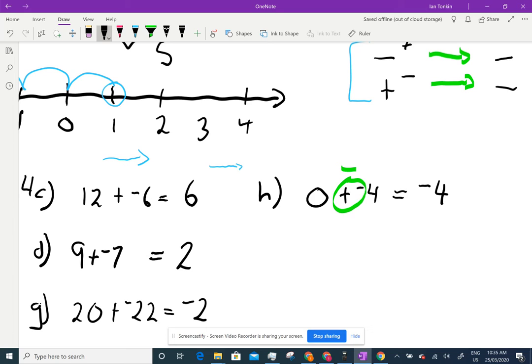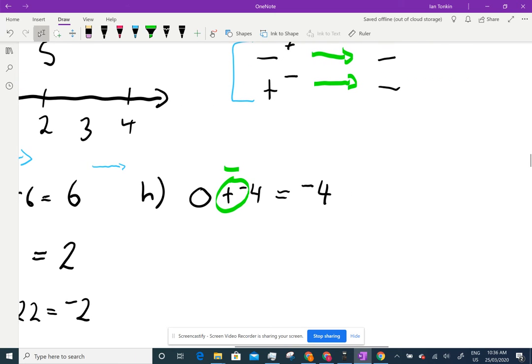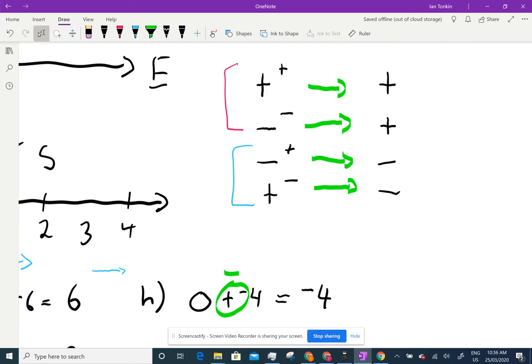And that way you don't have to worry about which way you face and which way you step. Minus just means go to the left, and adding just means you're going to go to the right. And you only have to deal with one sign now, because whenever there are two signs together, you can change them using your little code above, which you should write down in your books, in your notes.